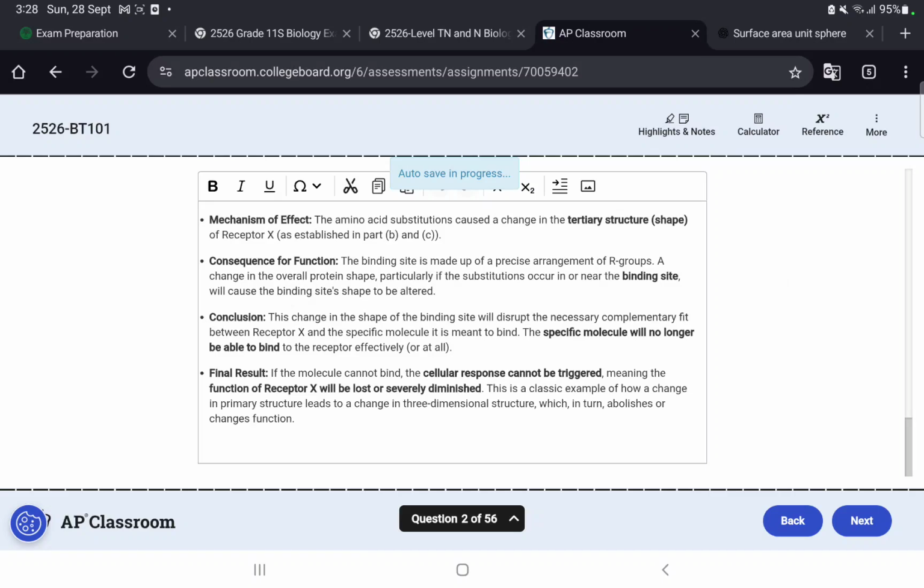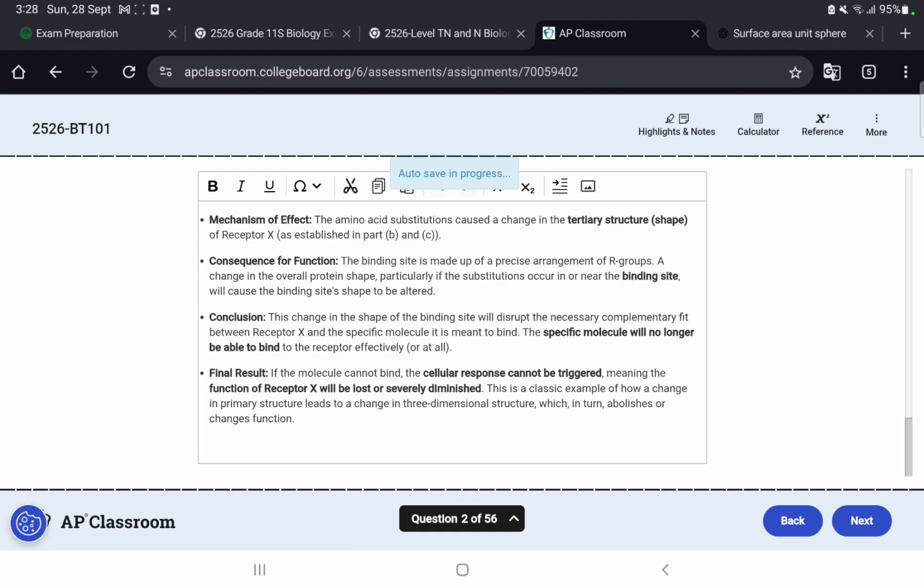The consequence for changing the tertiary structure: the binding site is made up of a precise arrangement of R groups, and if you change the overall protein shape, the substitutions in the binding site, like if you change the binding site, the binding site's shape will be altered, it will be changed. So it won't be able to bind to the specific protein that it was supposed to bind to before.